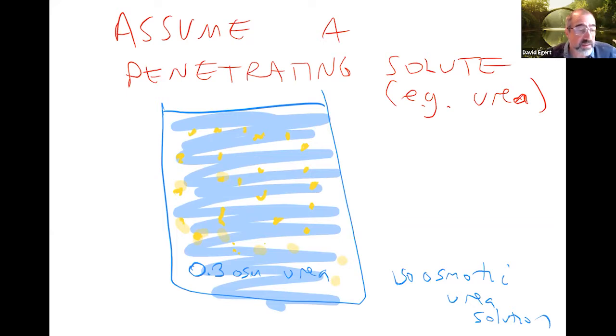So we have 0.3 moles of urea per liter. It's just a concentration of urea molecules floating around in there. I'm going to put my blood cell in there, which is also 0.3 osmolar.